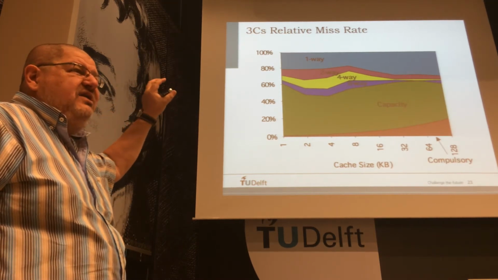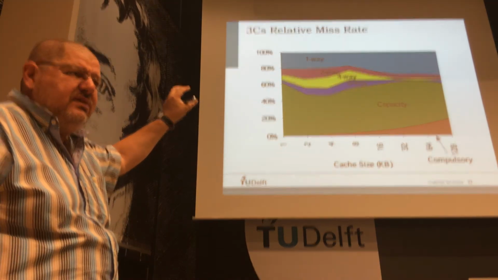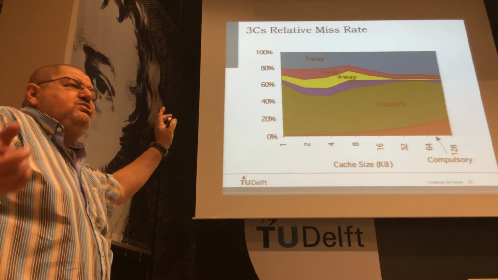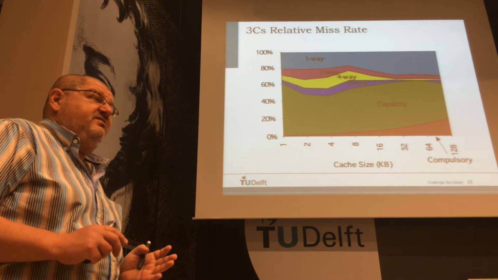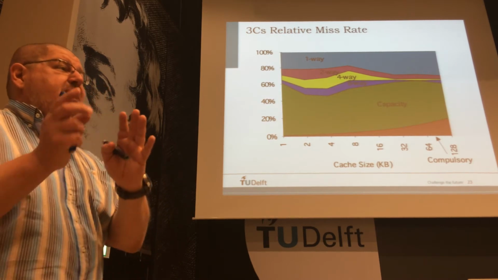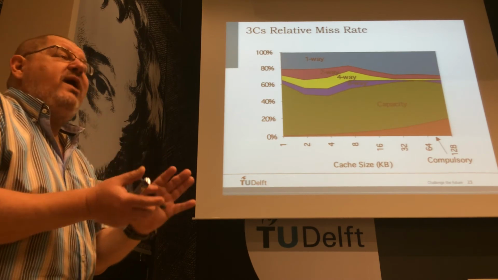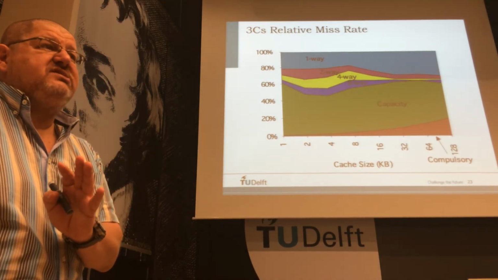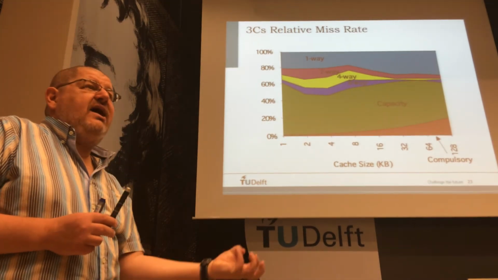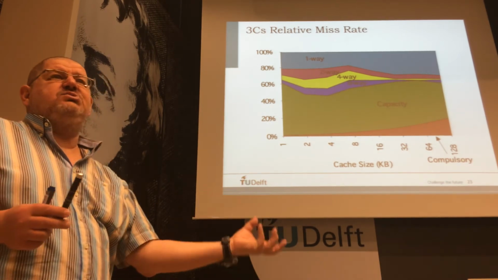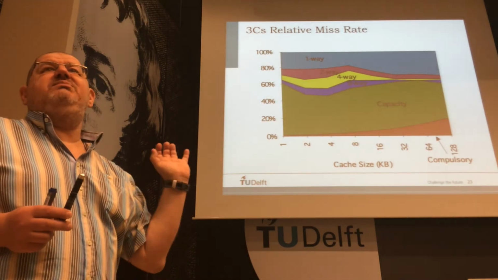If I don't have enough capacity, I'm not doing good. Then it's good to have some associativity because direct mapped has problems with conflict. At least 2-way will solve some of those conflicts. Then if I have a reasonable dimension and at least 2-way associativity, I'm kind of in business.